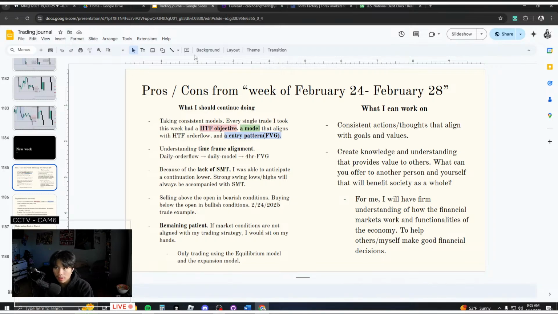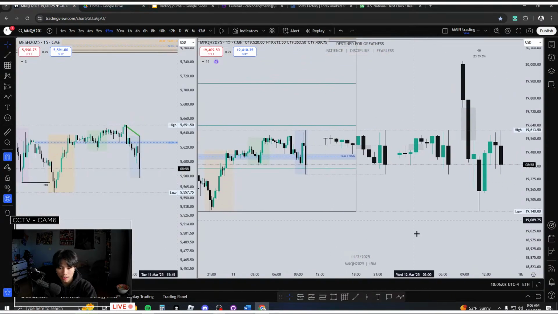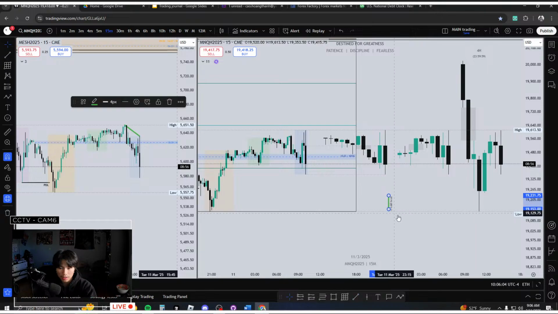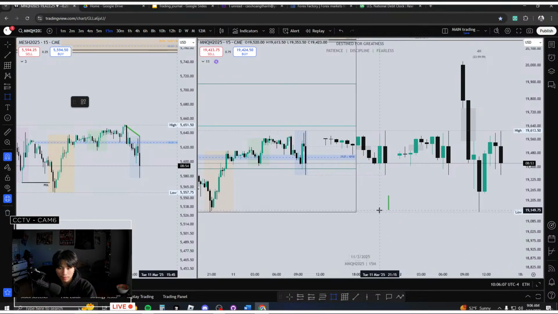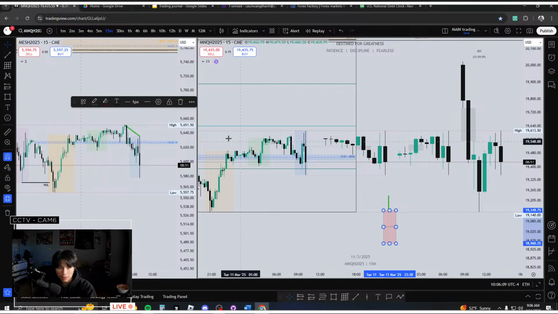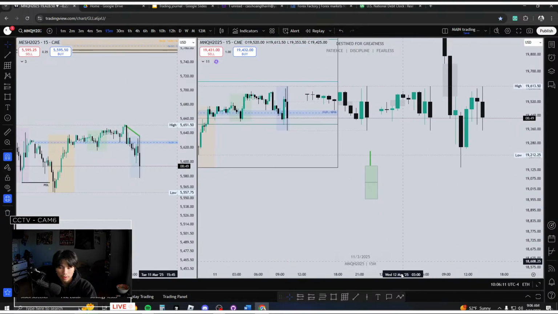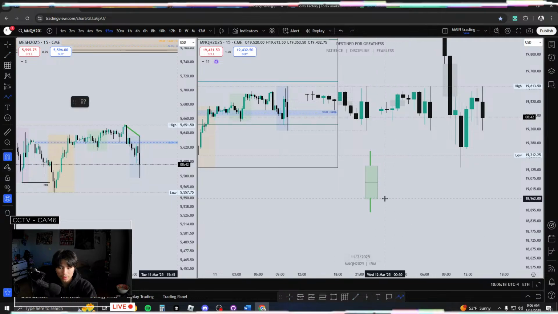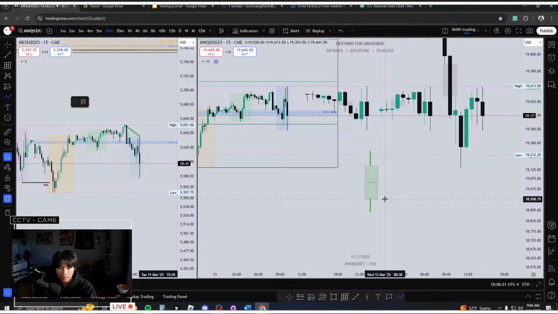Fourth thing here. Selling above the open and buying below the open in bullish conditions, right? If I am anticipating a up close candle, it's best to buy below the open.